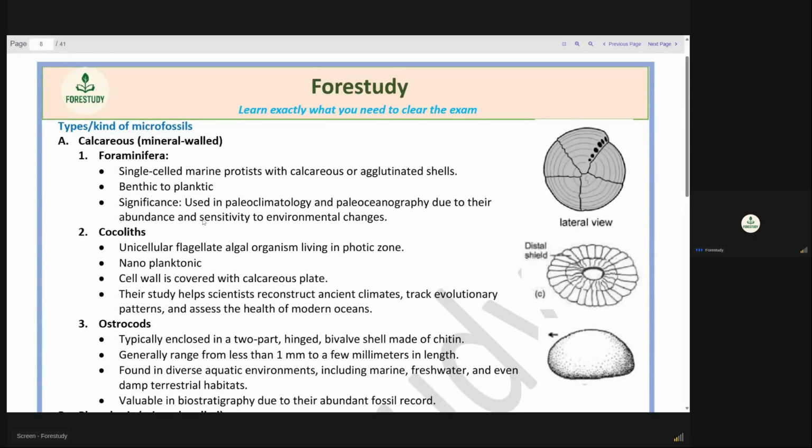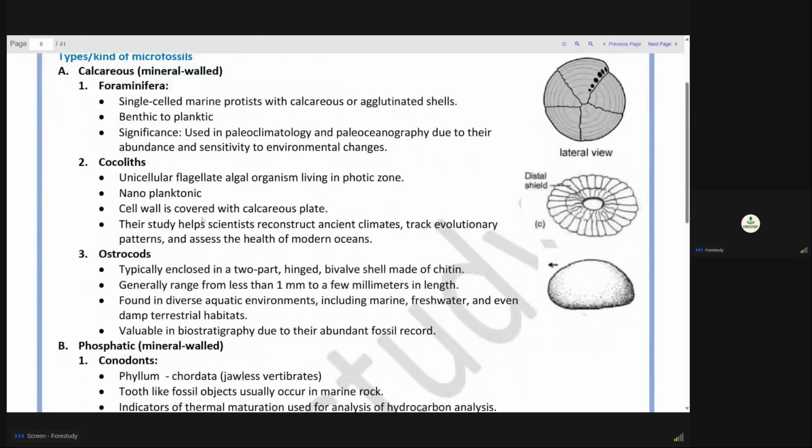Okay, so forams are done. Next are the coccoliths, or you can say coccolithophores. Coccolithophores are unicellular flagellate algae, living in photic zones. Flagella is just like a ribbon-shaped organ.